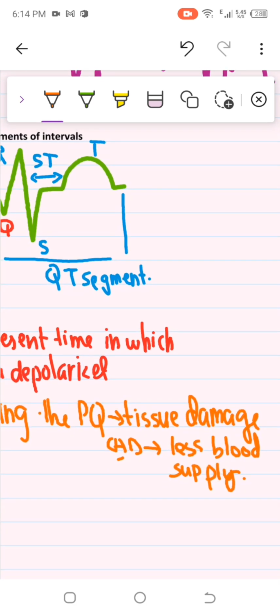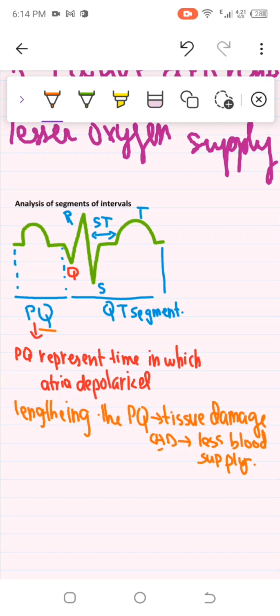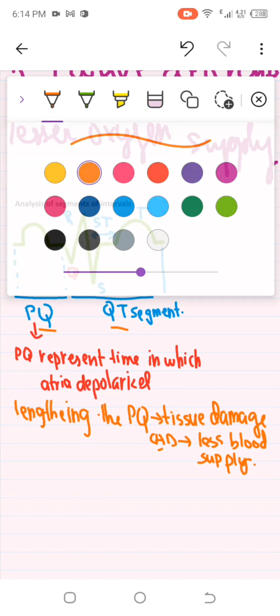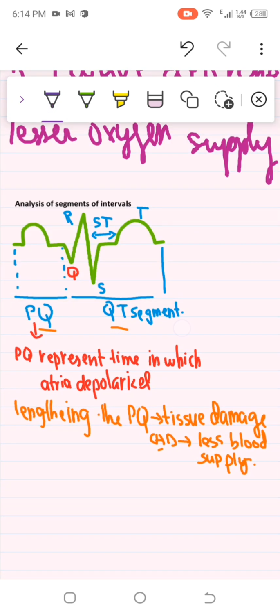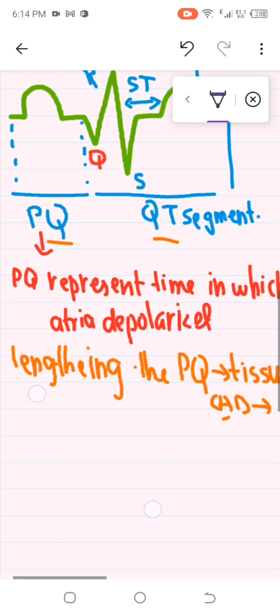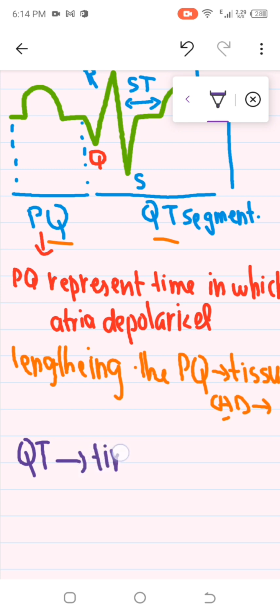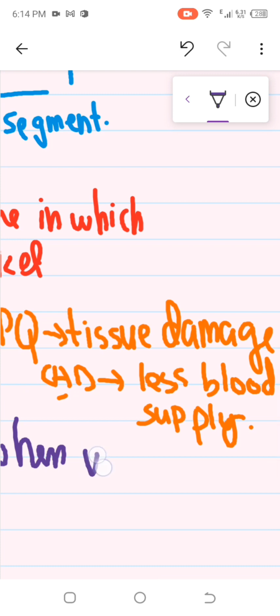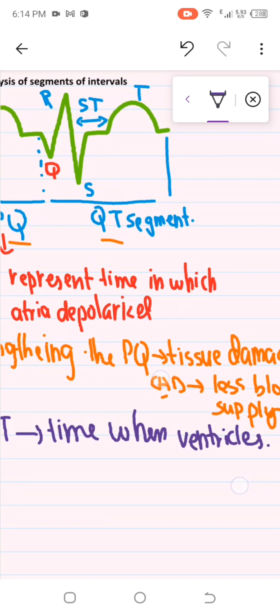Fine. Now, if I talk about the QT segment, it represents the time in which the ventricles depolarize.